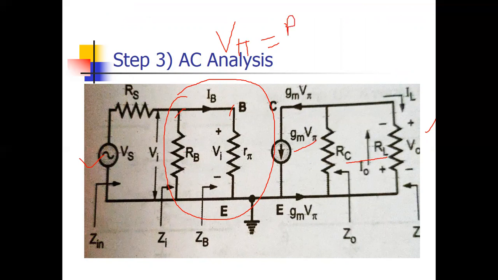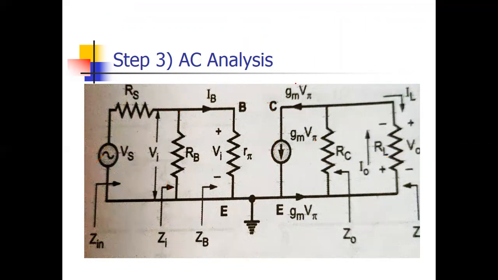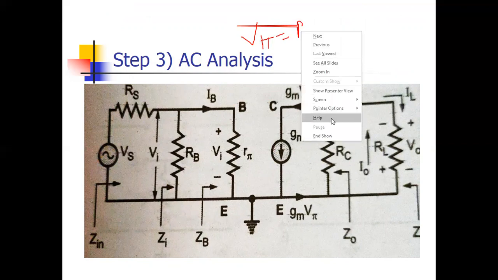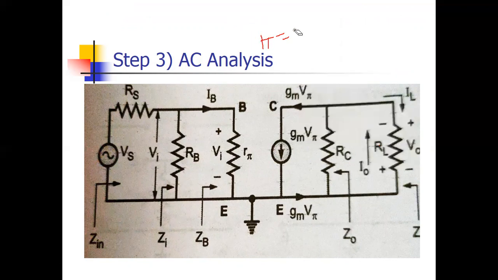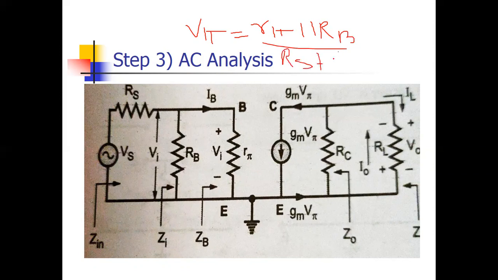So RB parallel R pi in the upper side, and in the down side both resistances. So v pi equals R pi parallel RB divided by RS plus R pi parallel RB, into the given voltage Vs. So in this way we calculate the value of voltage v pi, multiplied by Vs. We have applied the voltage division rule here.